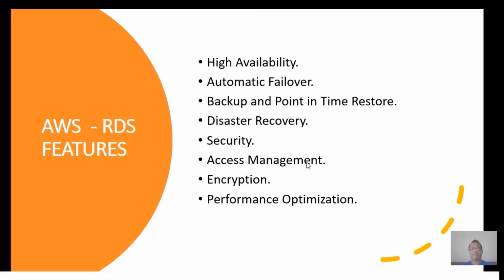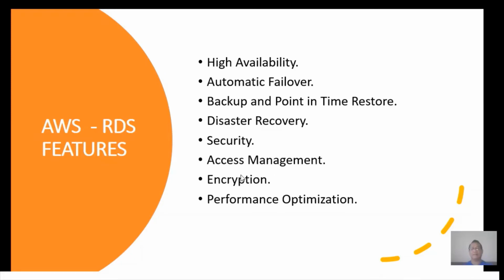Access management. The RDS instances are very secure, and we also control access to the RDS. Unless you have the access, you won't be able to do anything on the database. So you can manage your access to the RDS. Encryption.